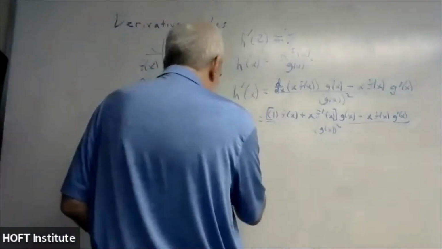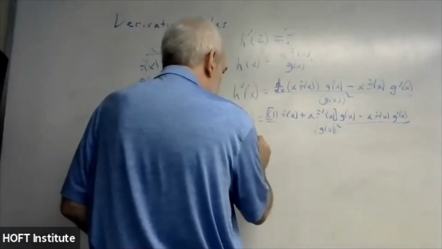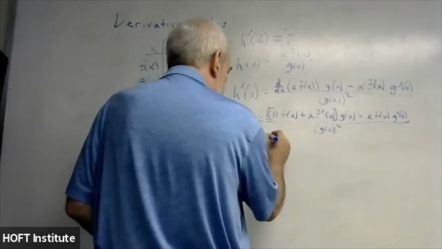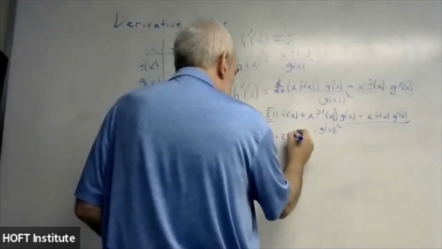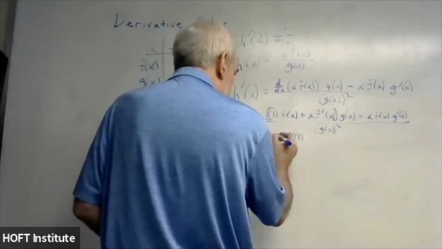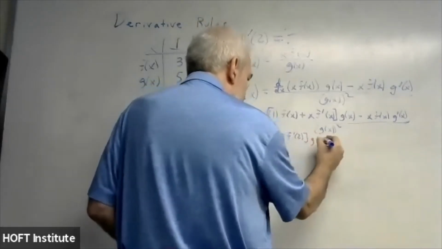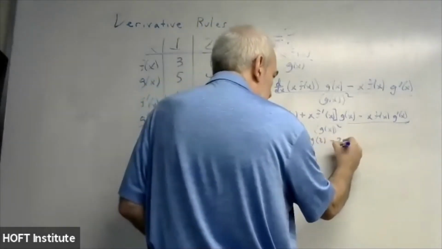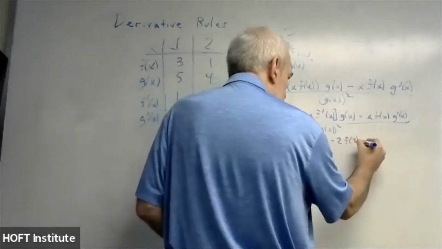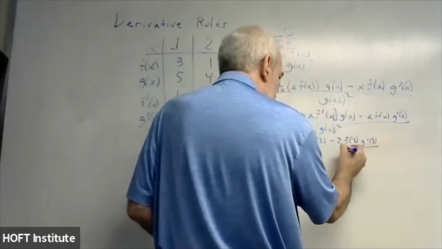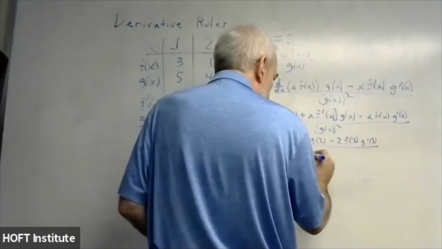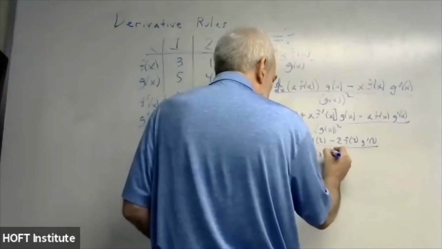Okay. So the derivative of h at 2 is going to be f of 2 plus 2 times the derivative of f at 2, in parentheses, times g of 2, minus 2 times f of 2 times the derivative of g at 2, all over g at 2 squared.